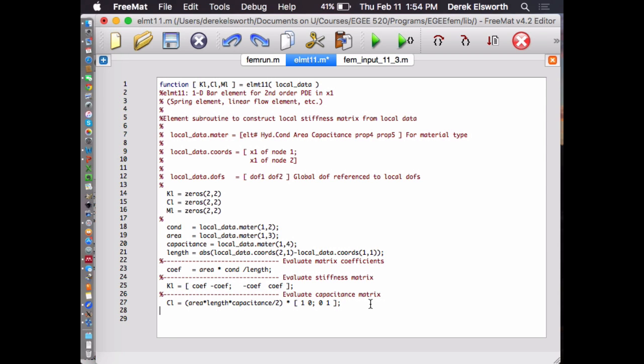We could do this, dot, dot, dot. And this would be ML equals area times length times density, as a mass, multiplied by this matrix here.